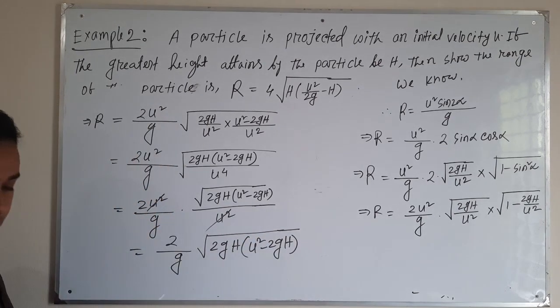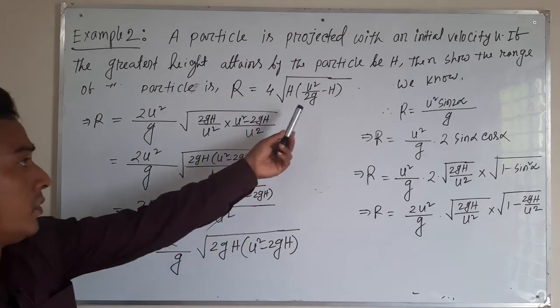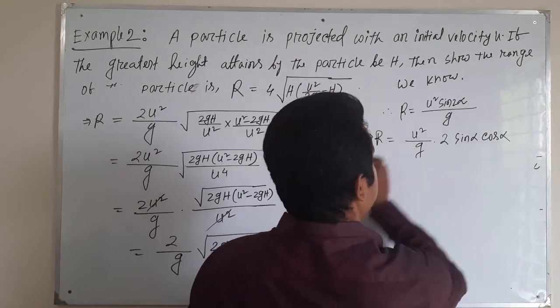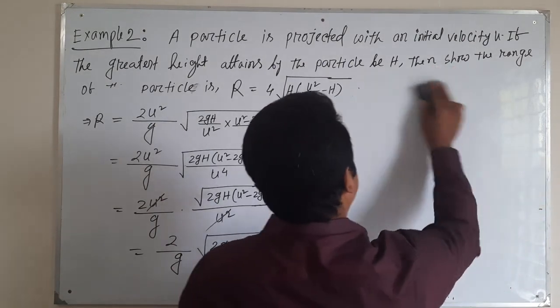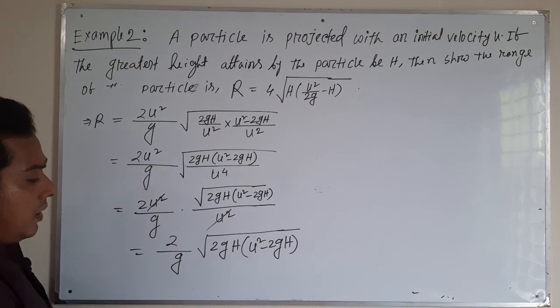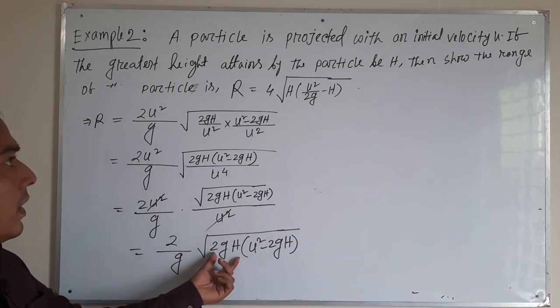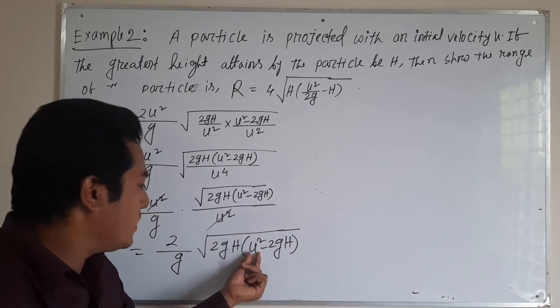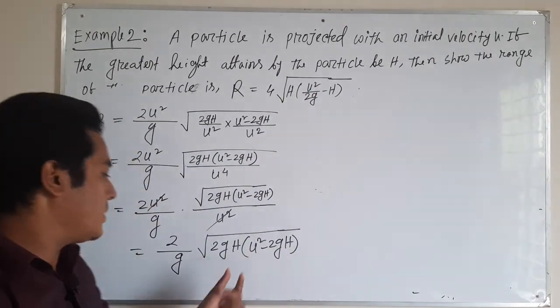Okay, from this calculation we have to go to this. Okay, here 2g and here u square divided by 2g, that means this term is divided by 2g.